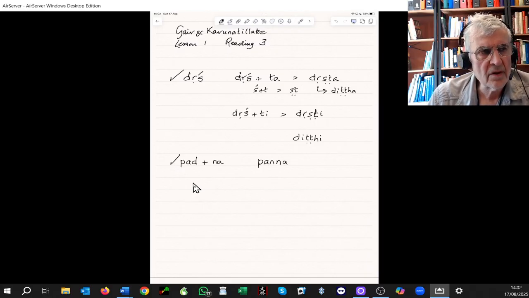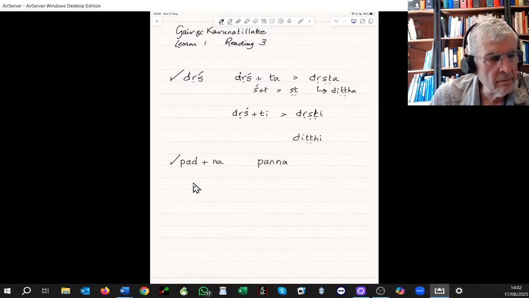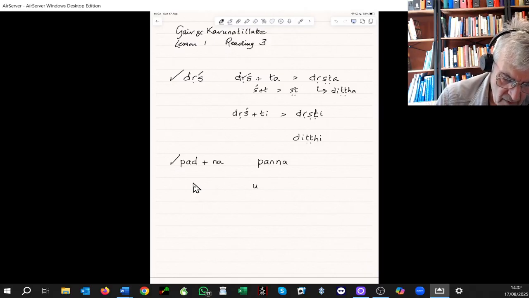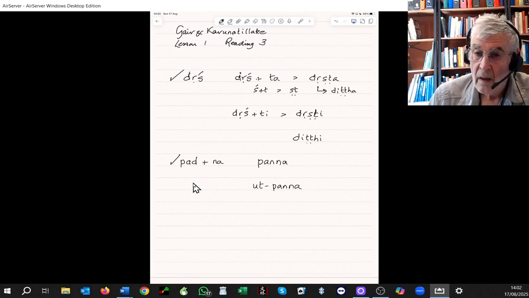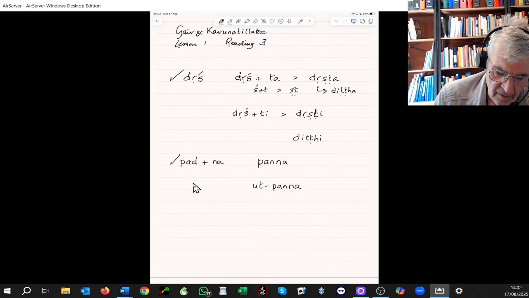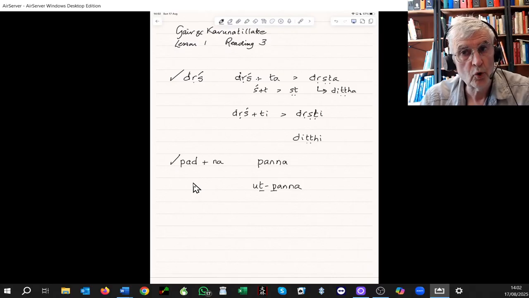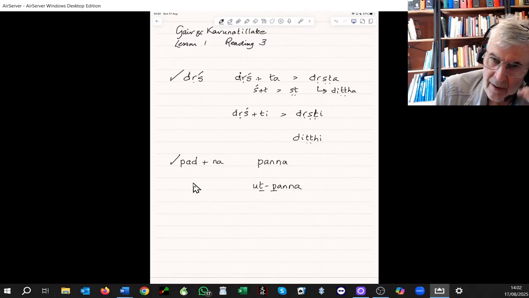This root is most commonly seen with prefixes, and the very common one is to put the prefix ut in front of it. So utpanna. Now, in utpanna, the t and the p will remain unchanged in Sanskrit, so it's utpanna. Ut is cognate with our English word out, and it means out or up.